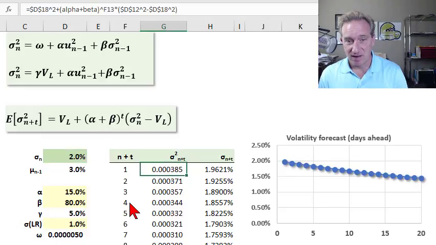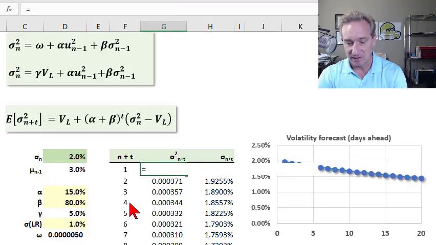So if I just come back and instead reprogram this estimate, now I'm only going forward one day here, and the forecast for the variance is going to be my variance level.